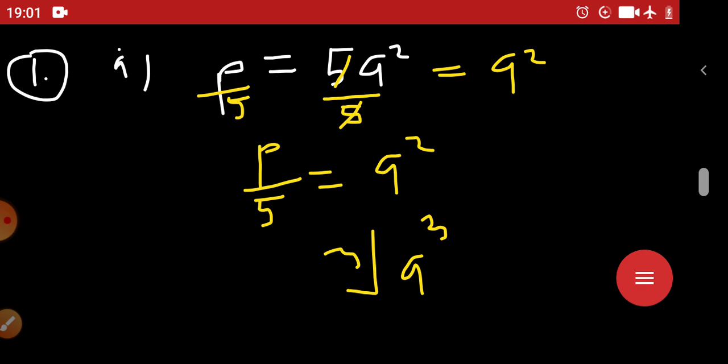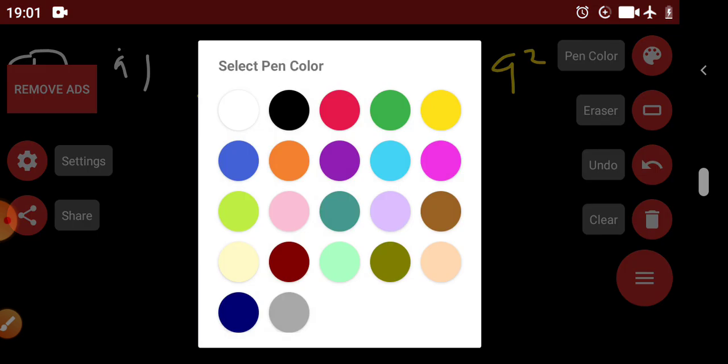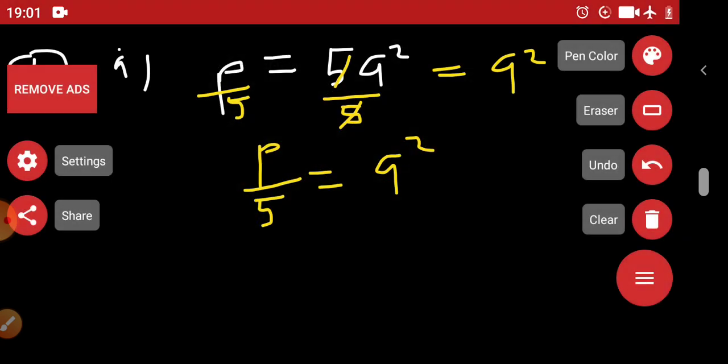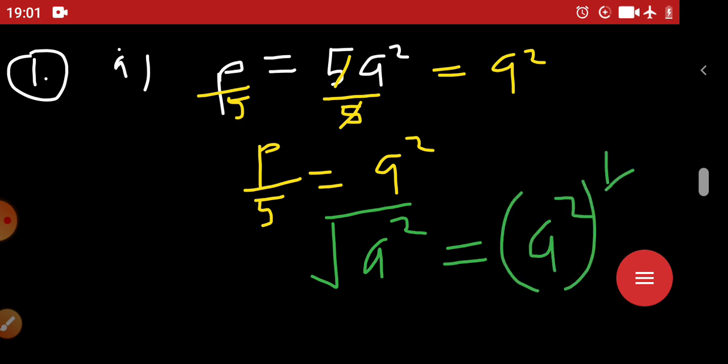So I hope you remember that if I say I'm taking a square root, what am I doing actually? If I'm saying I'm taking a square root, this is the same thing as taking a power of 1 over 2.